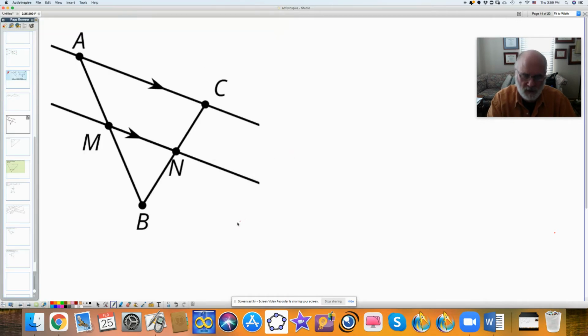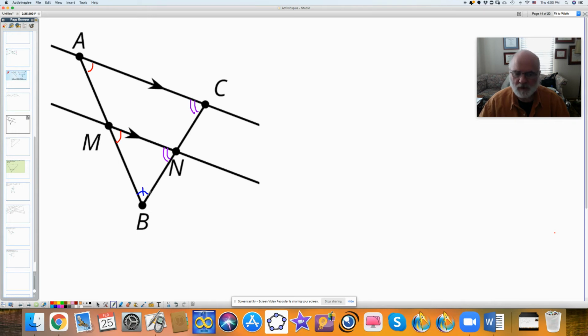And the evidence that I'm hoping you will find is what we mentioned earlier, when I said this is a transversal crossing parallel lines. We know that alternate interior angles formed by a transversal crossing parallel lines are congruent. I could also mark these two angles here, this one and this one. Further, we could say that an angle is congruent to itself by the reflexive property.